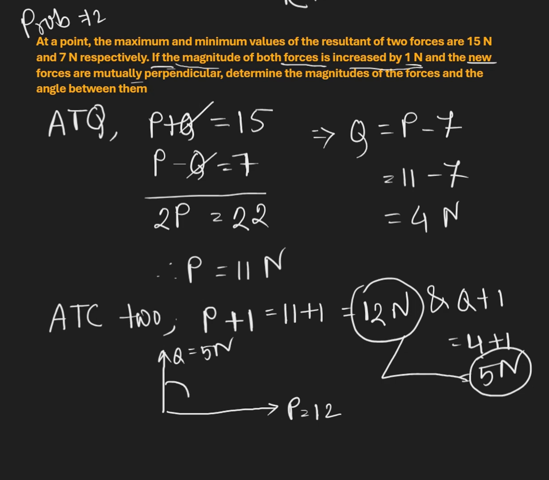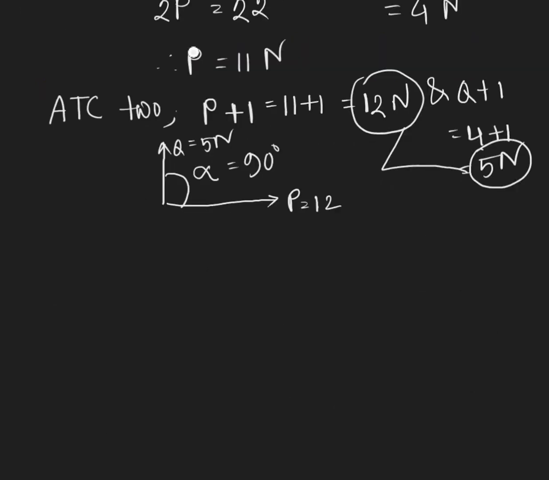And obviously in between these two vectors the angle is 90 degrees as they are mutually perpendicular. By the definition of the resultant equation, R is equal to the square root of P square plus Q square plus 2PQ cos 90 degrees.